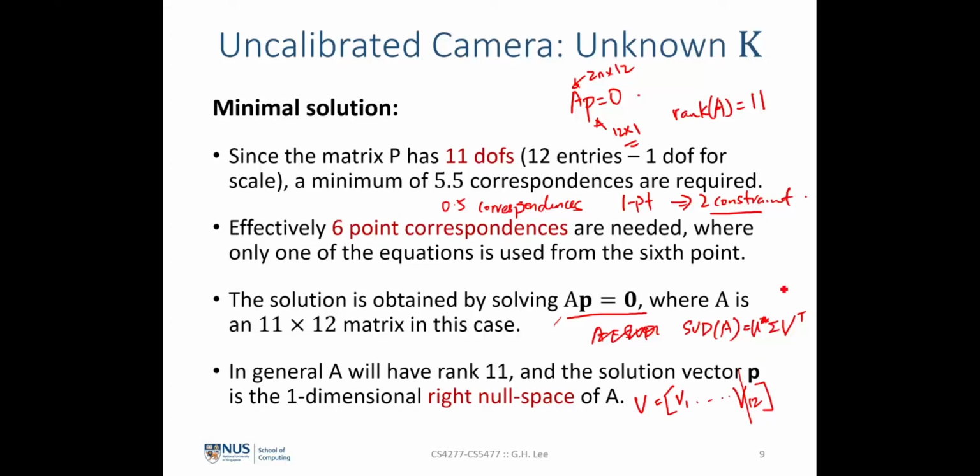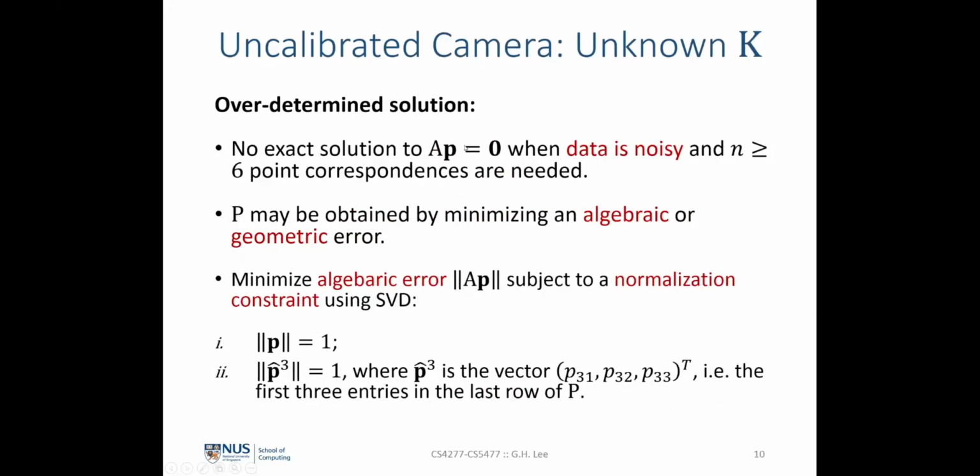So in an earlier lecture, we have seen that for homogeneous linear equations such as AP equals 0 over here, to have an exact solution, the matrix A must be made up of measurements that are noise-free. And we know that in practice, this is not true because a camera is a real device that is often corrupted with noise. This means that the data that we collected, which is the 2D to 3D correspondences used to form the A matrix over here, is always noisy.